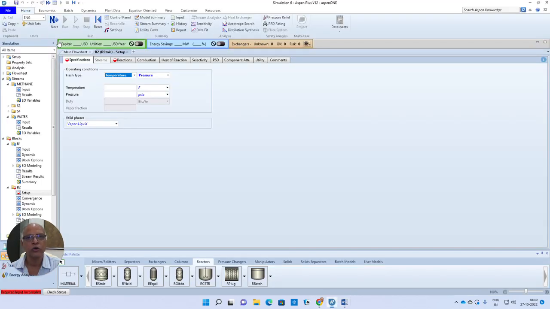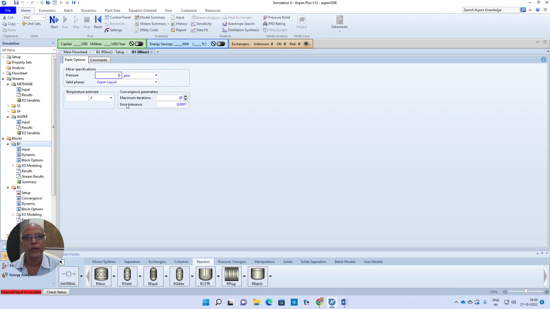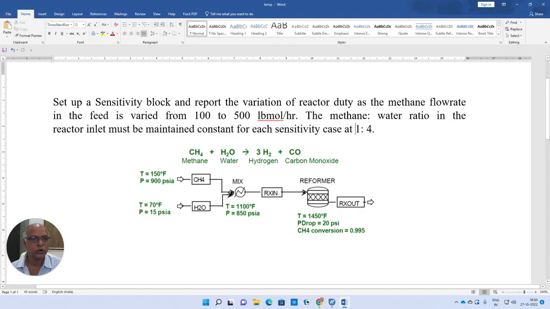So let me also specify the temperature as 1100 degrees Fahrenheit, and the pressure is given as 850. Having defined this, we have taken care of this. Now the temperature at which the reactor is operating is 1450.